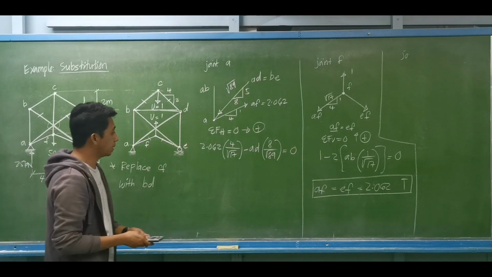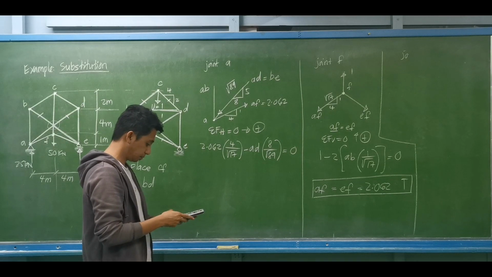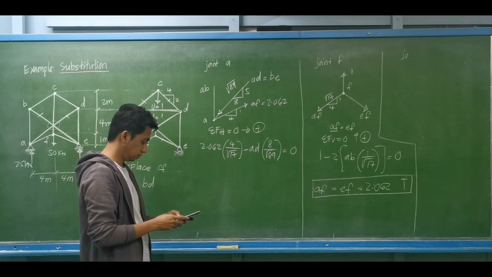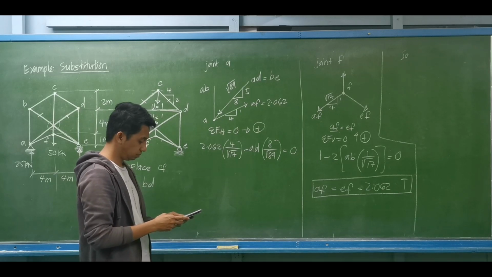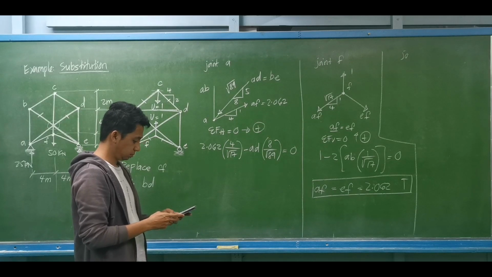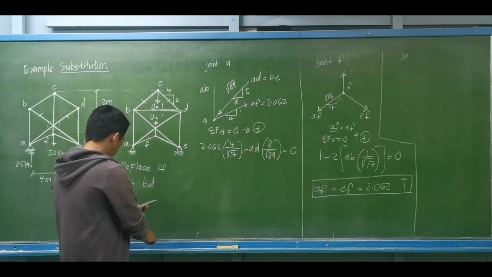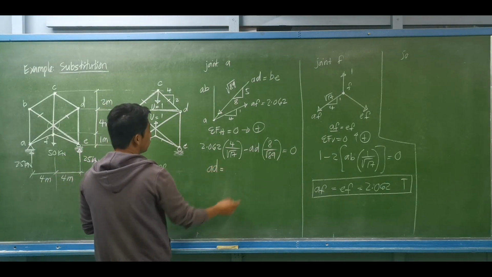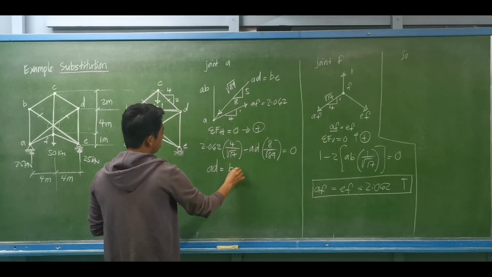So let's compute for this one. So AD is equal to, the same as member BE again.